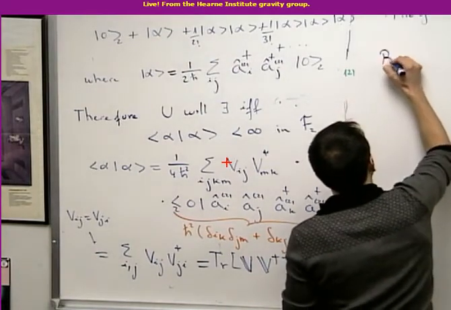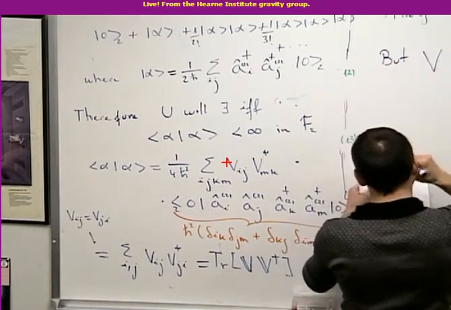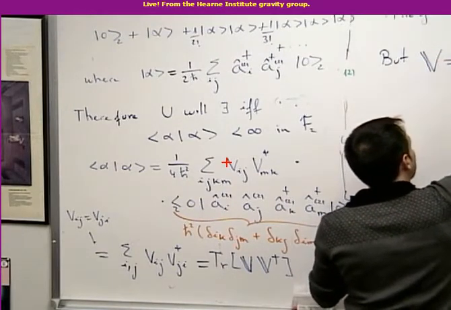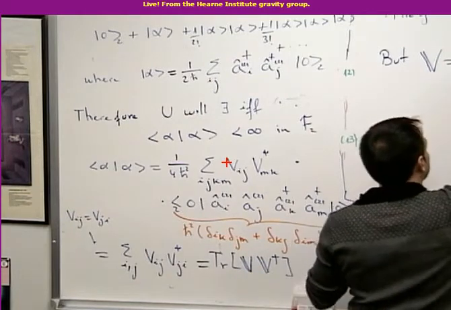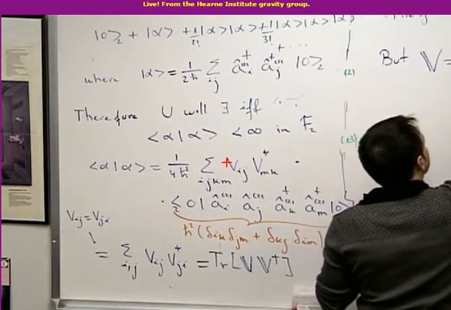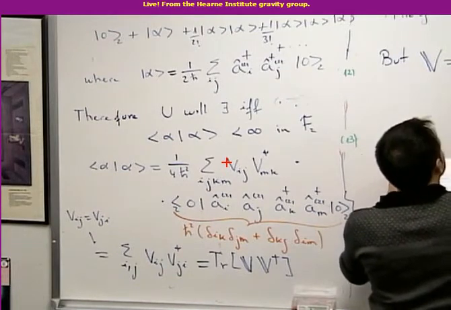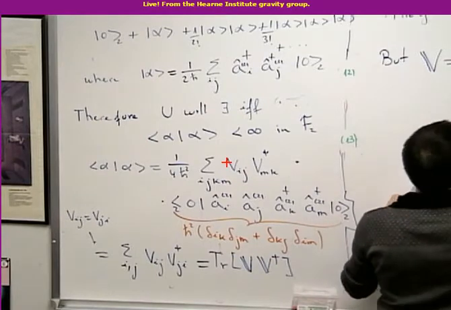But remember, V in matrix form, all these are fancy letters: beta over beta times alpha minus 1, alpha dagger minus 1 dagger.